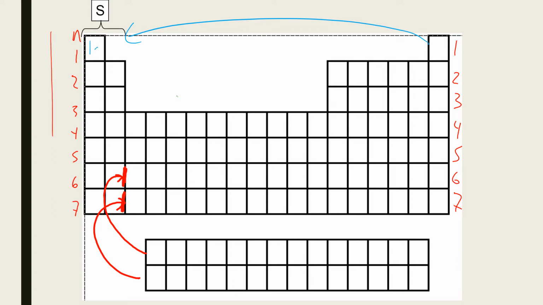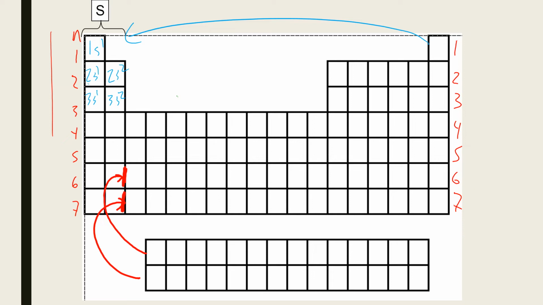So like this is going to be 1s1, this is going to be 2s1, 2s2, 3s1, 3s2. So if you're talking about lithium, lithium ends in 2s2, I'm sorry, 2s1. So that means when you write out the code, this is where it stops.